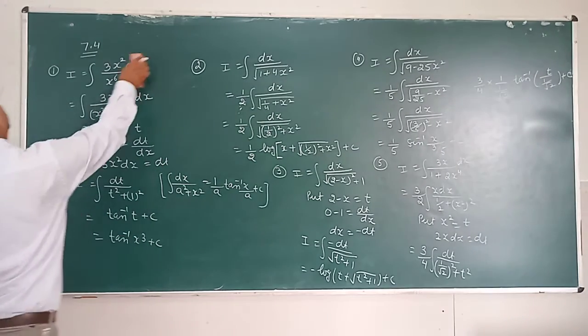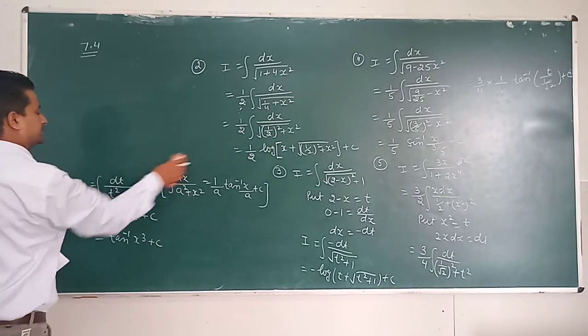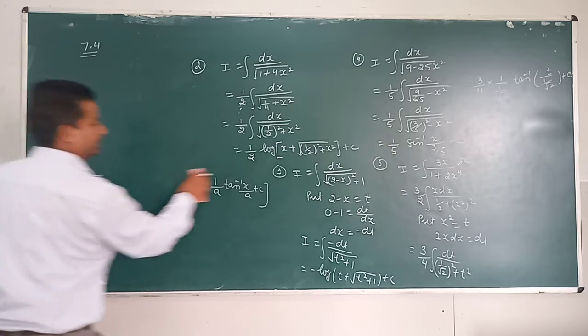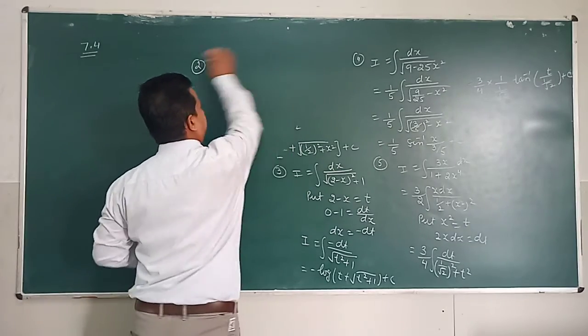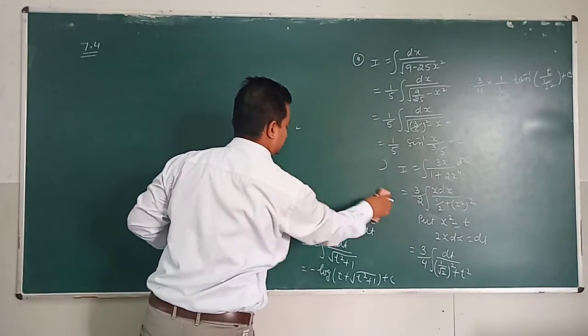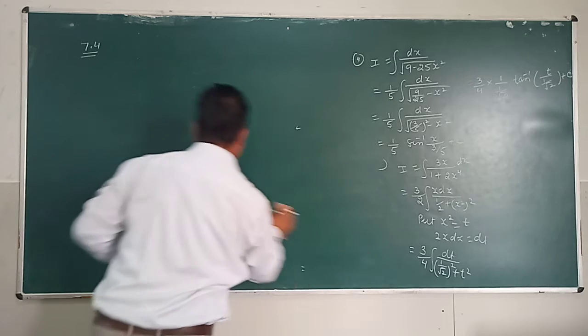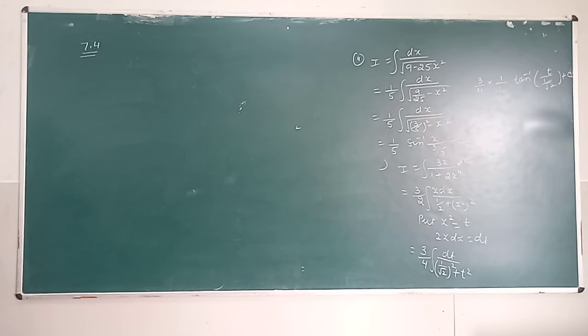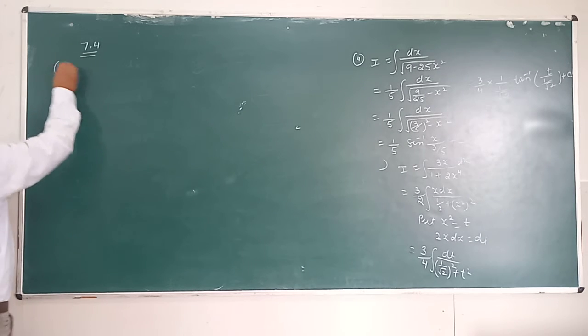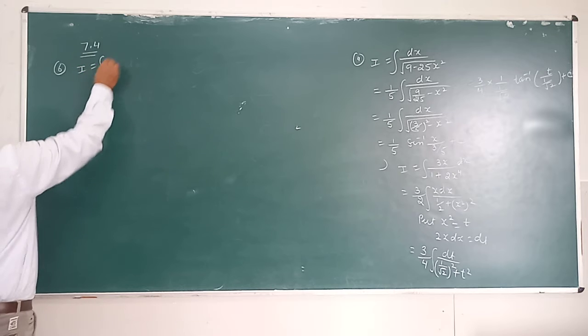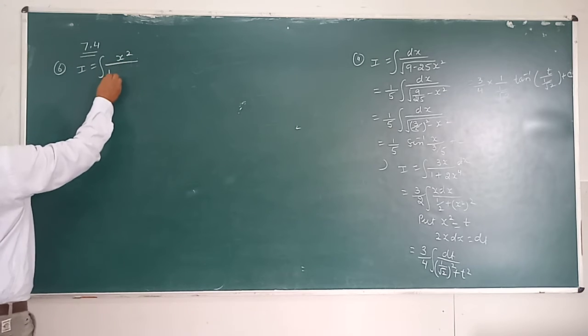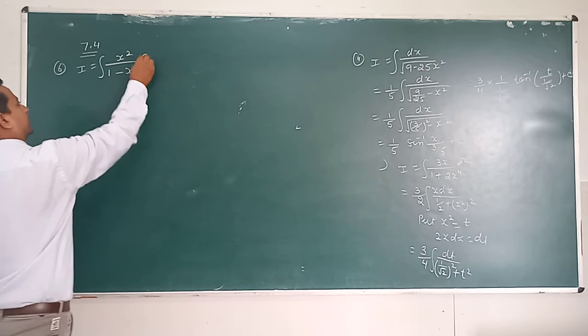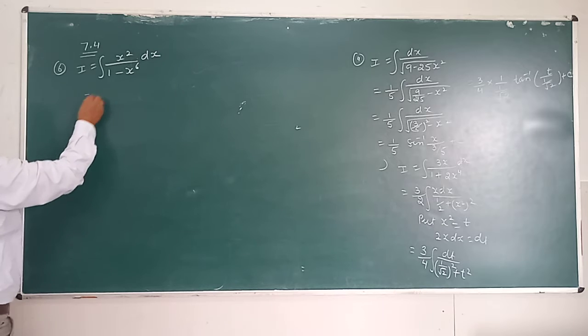In the next question, that's question number 6, I is equals to x square upon 1 minus x power 6 dx.